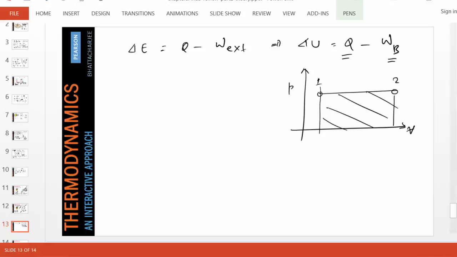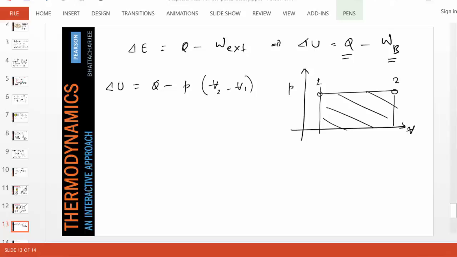So this is the boundary work we're substituting. This area, P times (V2 minus V1), is the boundary work. As you can see, if V2 is bigger than V1, then boundary work is positive, so everything is perfect.